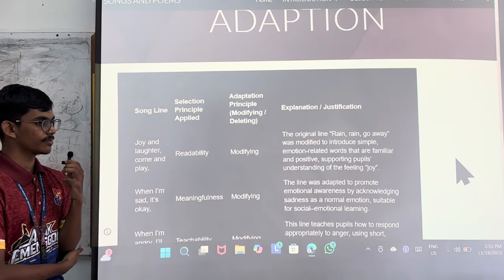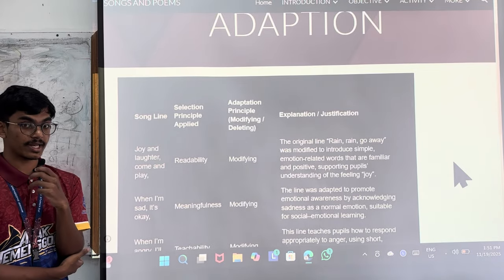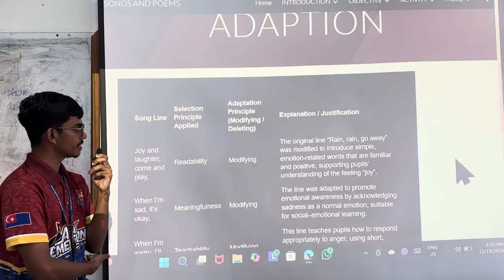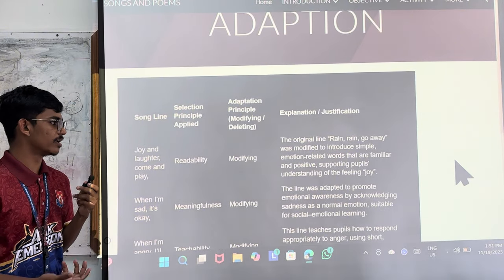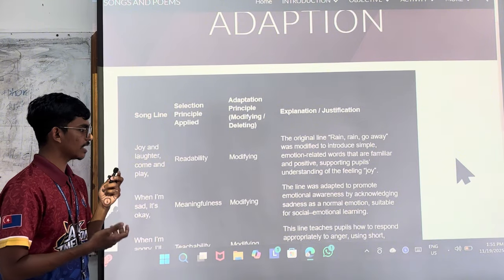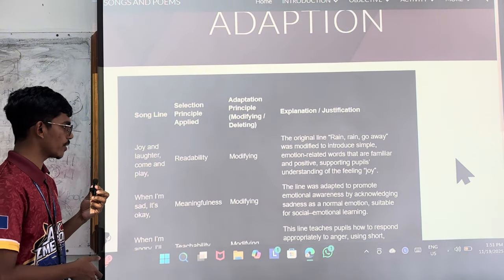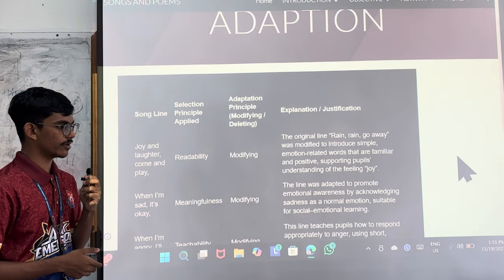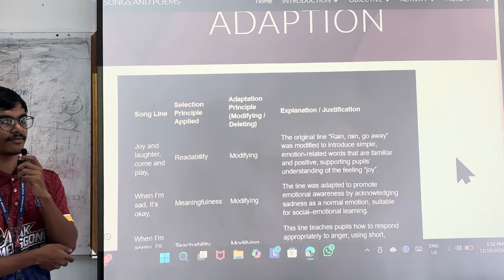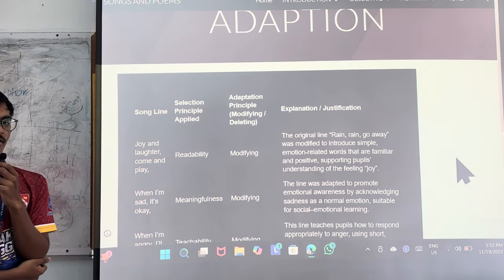The selection principle that we applied for this song is readability, and the adaptation principle is we modified the original line from "rain rain" from the song "Rain Rain Go Away," and it is modified to introduce simple emotion related words that are familiar and positive, supporting people's understanding of the feeling joy.